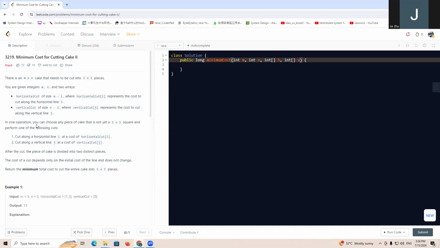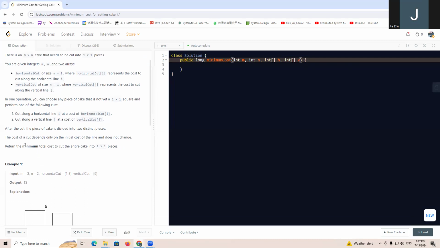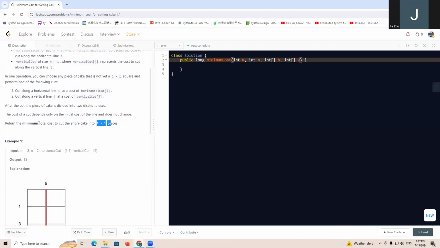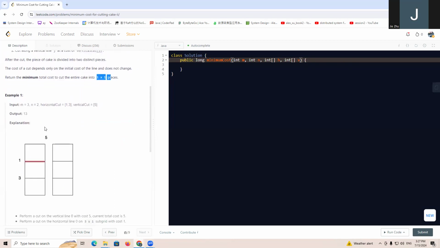So in one operation, you can choose any piece of cake that is not yet 1 by 1 square and perform one of the following cuts: cut along a horizontal line at the cost of h[i], or cut along a vertical line j at the cost of v[j], right? So we need to get all of the cake to be 1 by 1 pieces, and we need to find the minimal total cost.